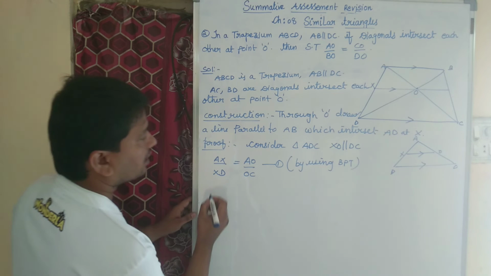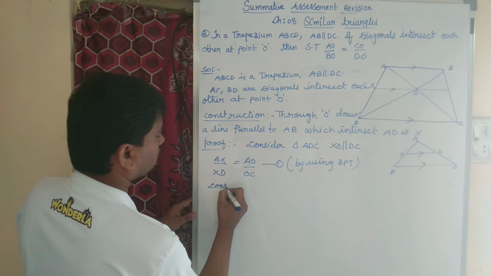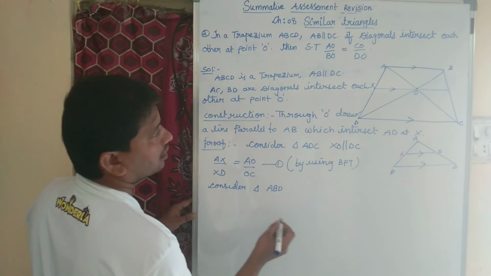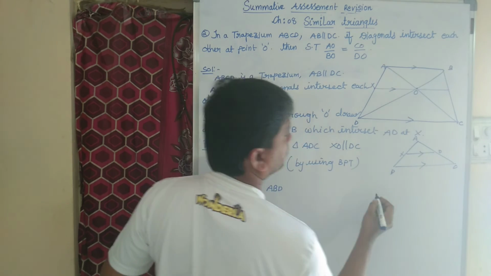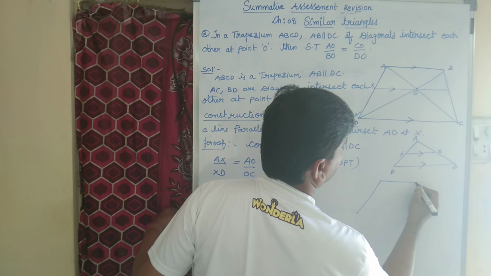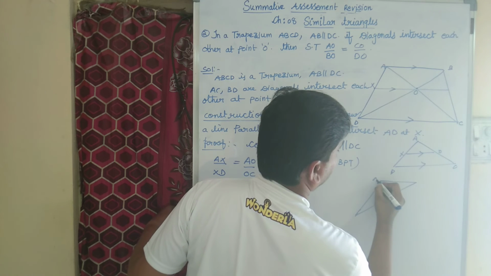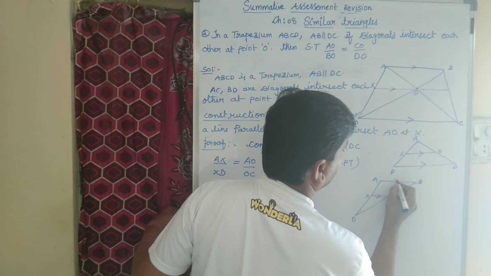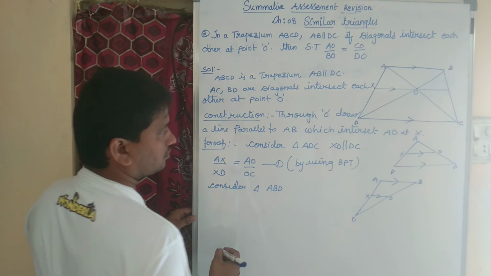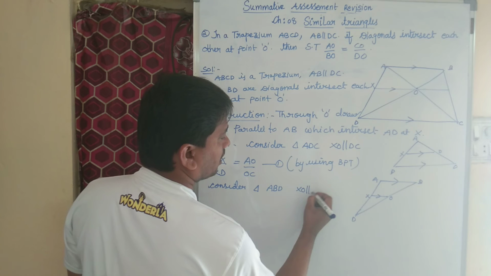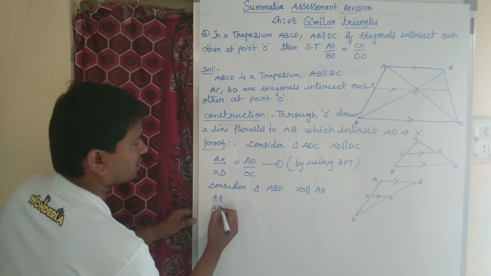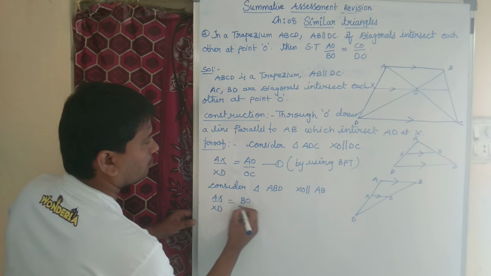Now consider the second triangle ABD, again in which XO is parallel to AB. So we can write AX by XD equal to BO by OD.